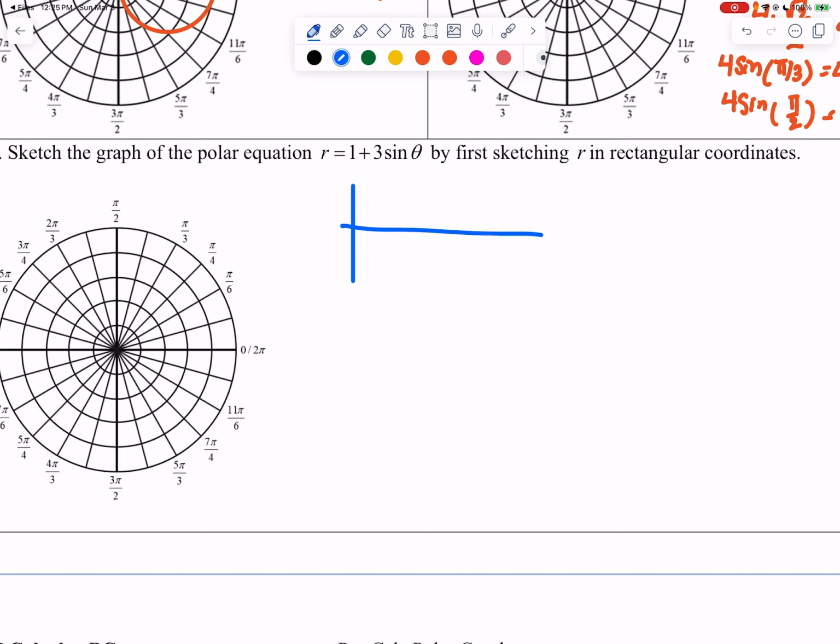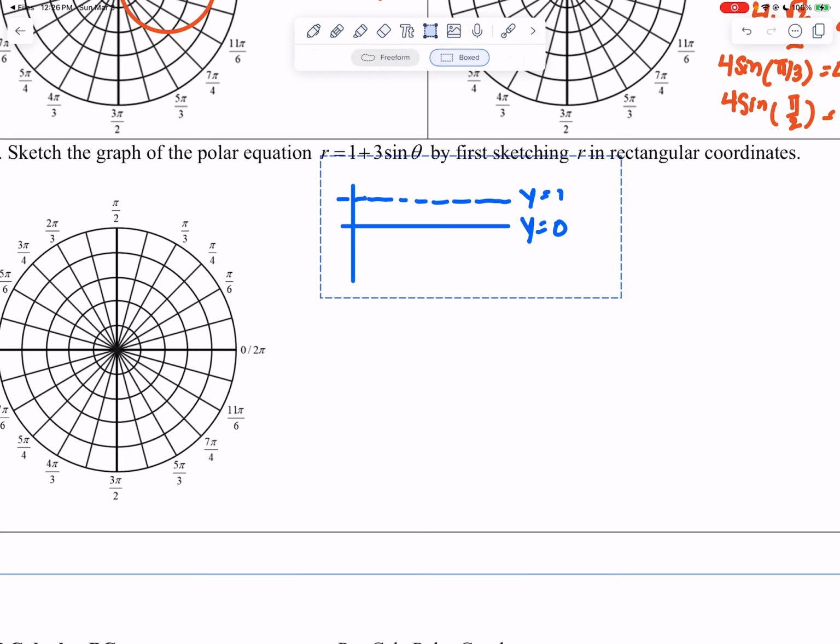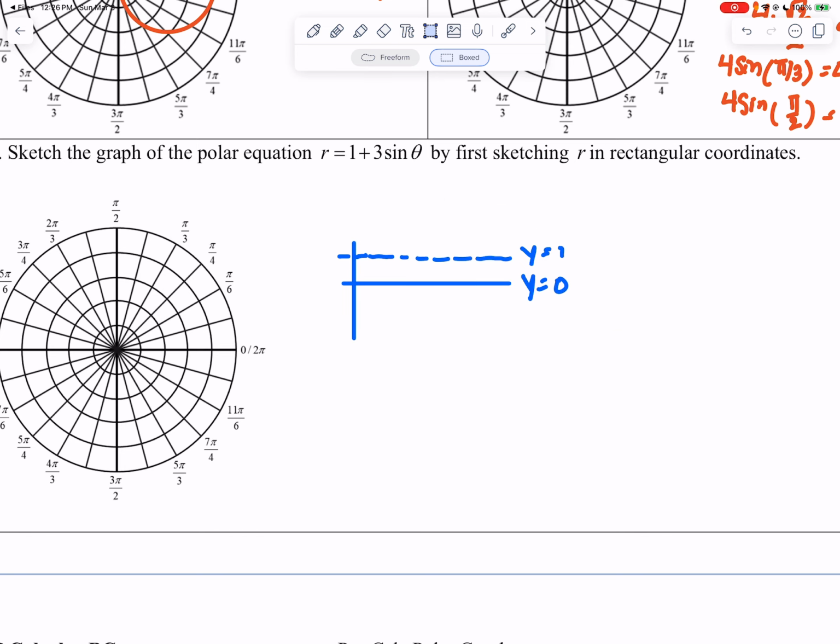So that means that I'm going to sketch the sine function as a regular rectangular equation. So here, let's say that this is y is equal to 0. You have 1 being your midline. And then you also have your max at 4, and your min at negative 2.